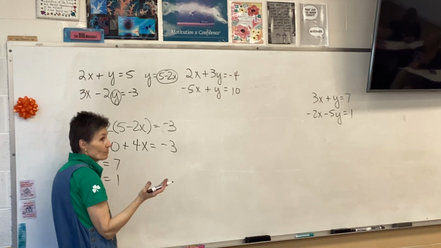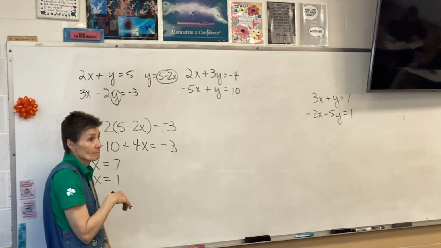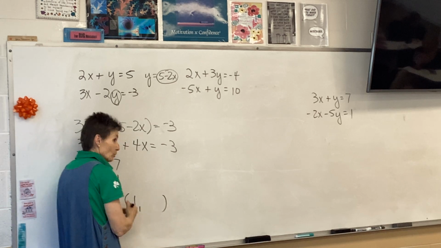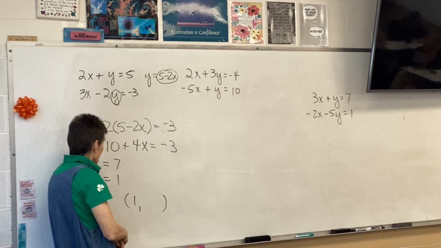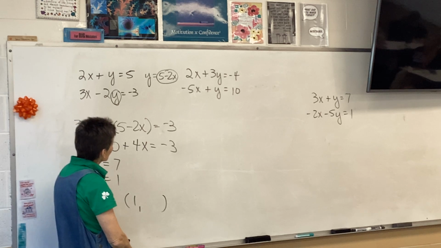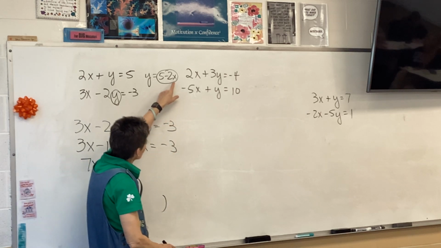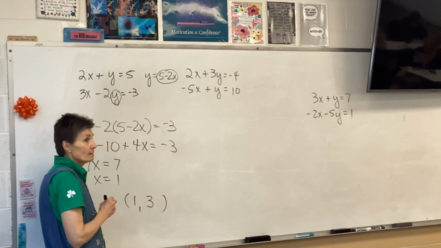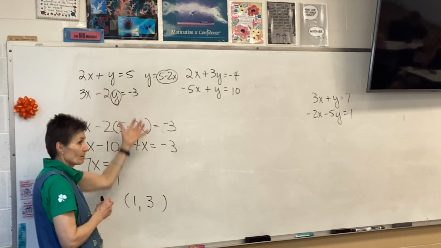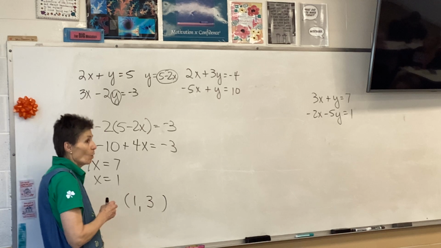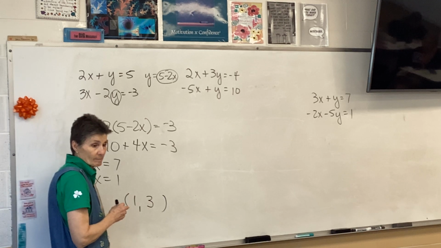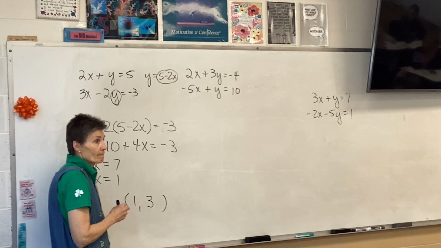And I got x equal to 1. If I got 1, I'll come back and plug that in, that's an x value. So it looks like y is 3. Plug it in wherever you want, doesn't matter, plug in x is 1 somewhere. And I got y equals 3. Okay?